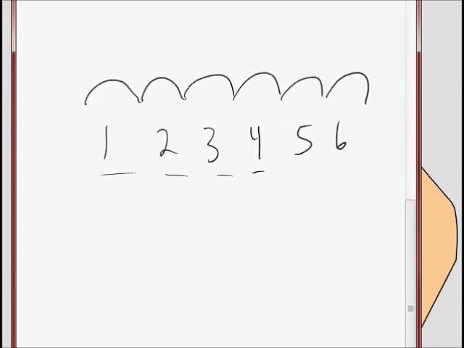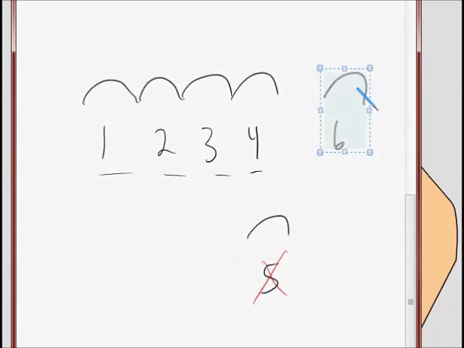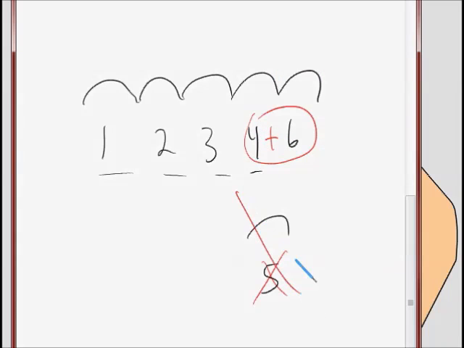What happens is 5 goes away, disappearing into oblivion. And now you have 4 and 6. 5 is out of the picture.